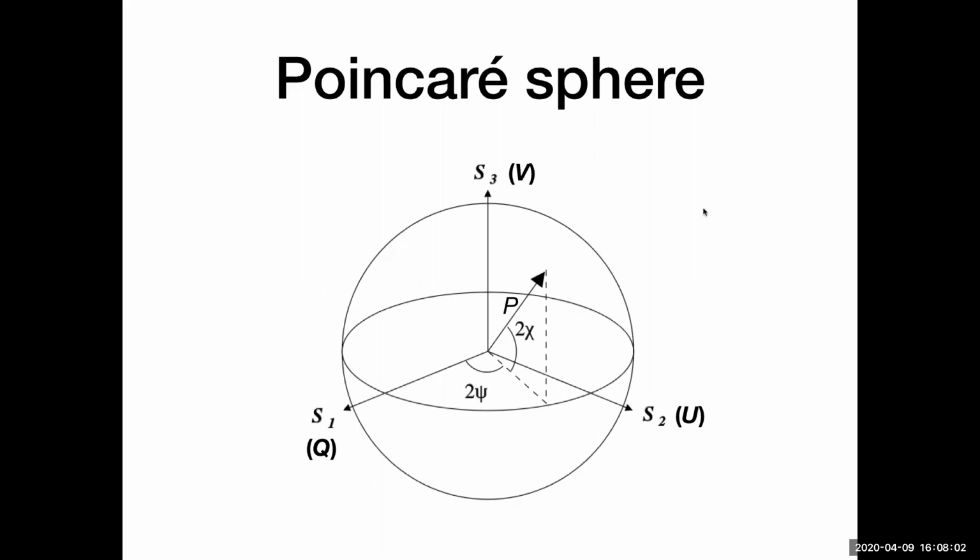Because we can think of every polarized wave as a vector in this parameter space. Adding vectors in Cartesian is easy. Adding vectors in spherical polar is a nightmare. So this is the motivation: everything is easy in terms of mathematical operations when you have a nice Cartesian parameter space.